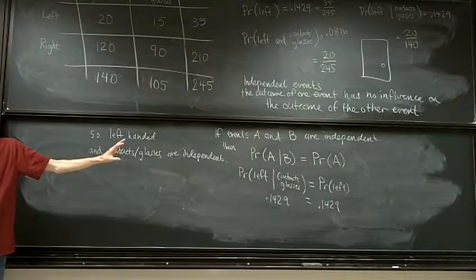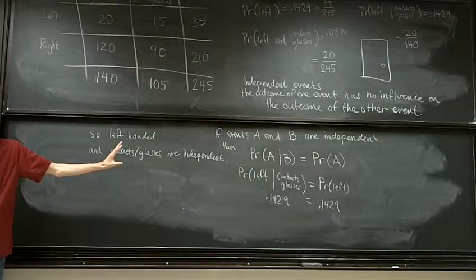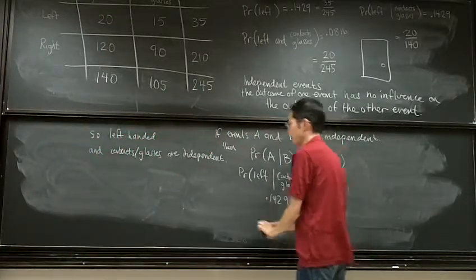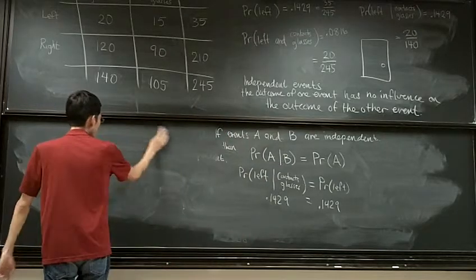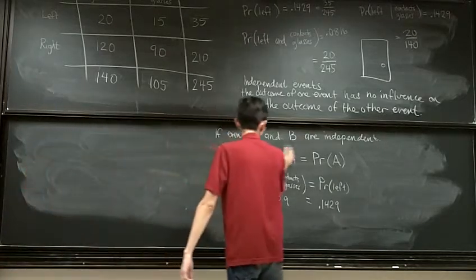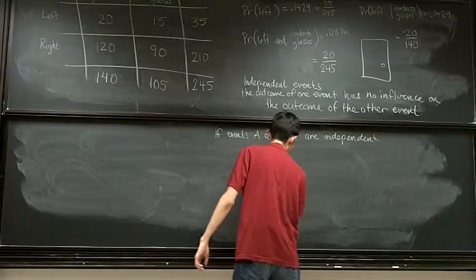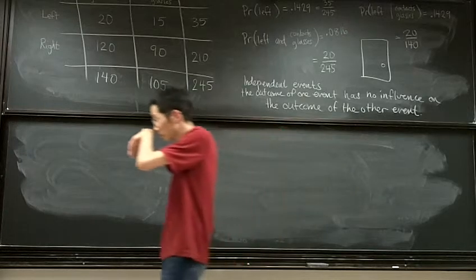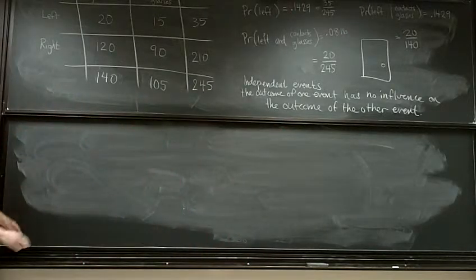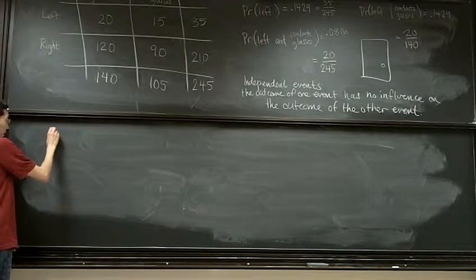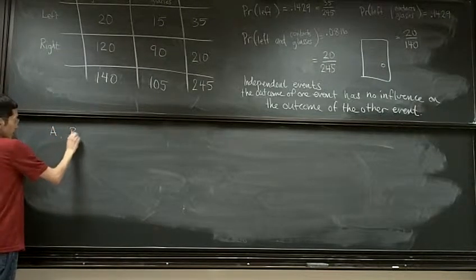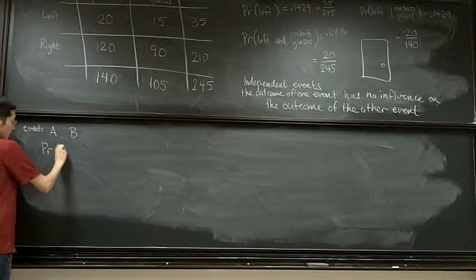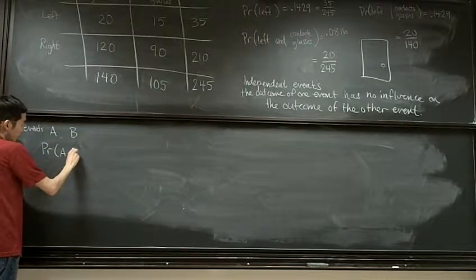All right. Are we feeling okay with this concept? All right. So our last bit. Sometimes we have sequences of events. We might have event A and we might have event B, and we can ask, what's the probability of A happening and then B happening?